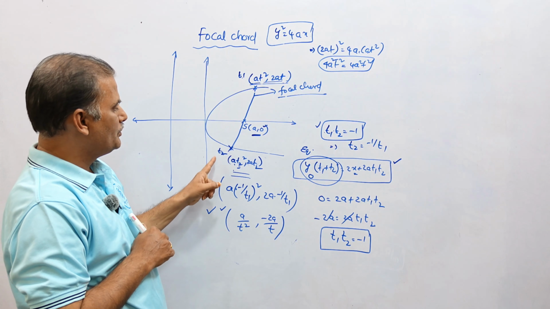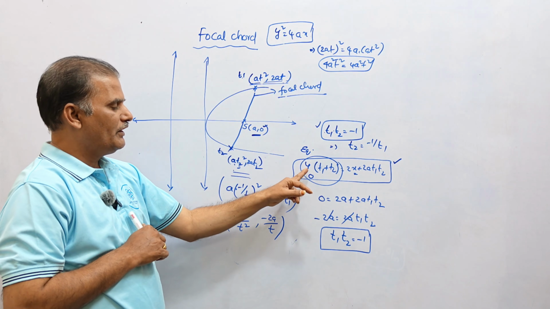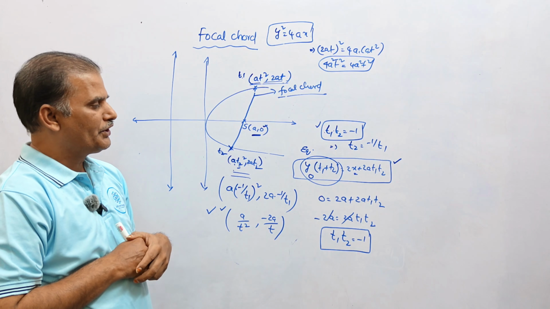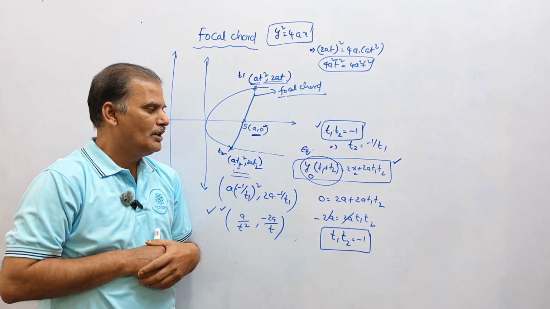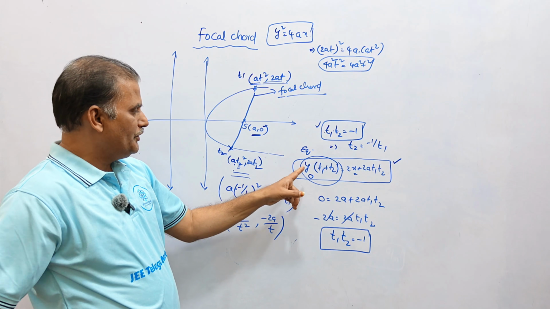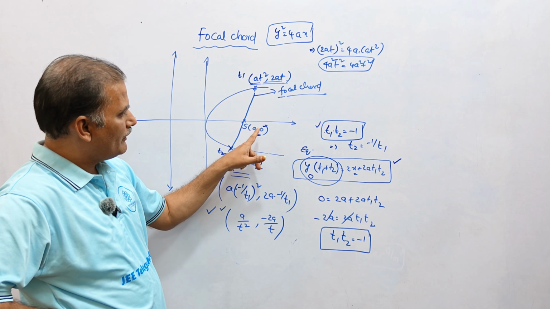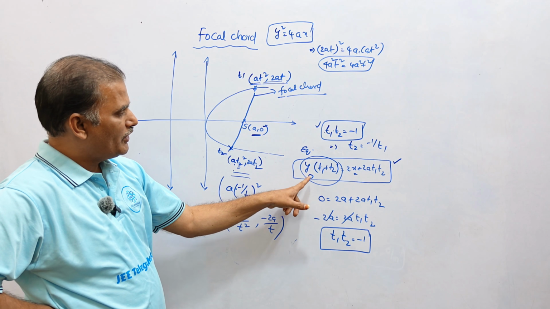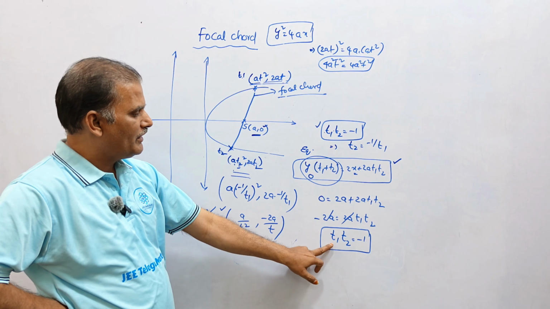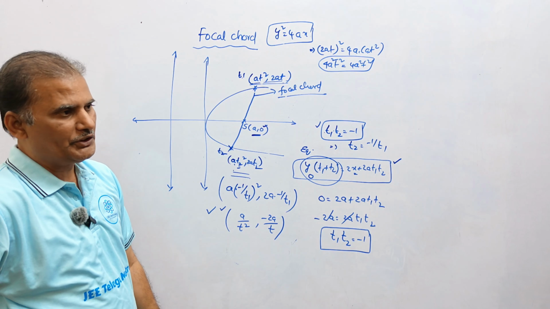If T1 and T2 are the endpoints of the focal chord, then the equation of the chord is y into (T1 plus T2) is equal to 2x plus 2a T1 T2. From this, it passes through the focus, so the y coordinate is 0. Then you apply y is equal to 0, we get T1 T2 is equal to minus 1.